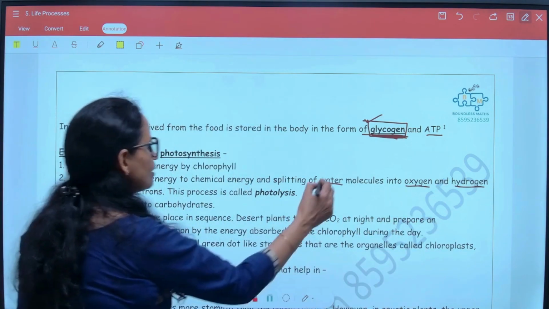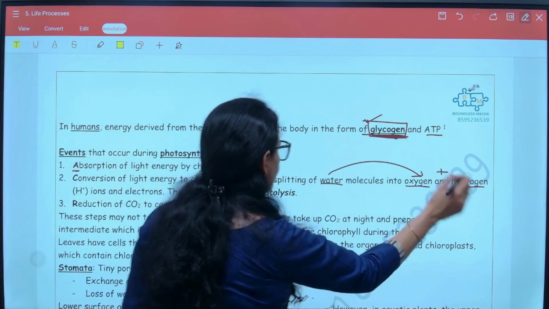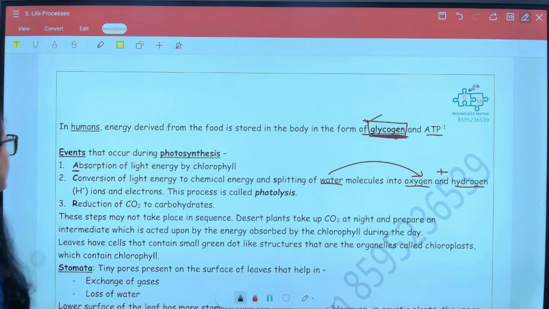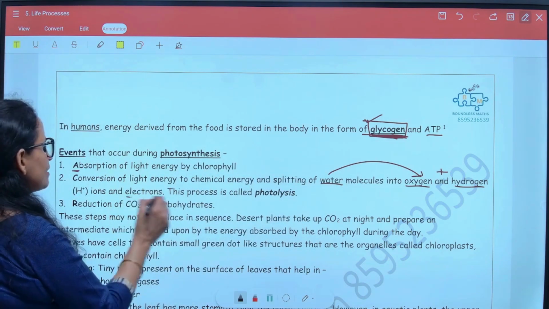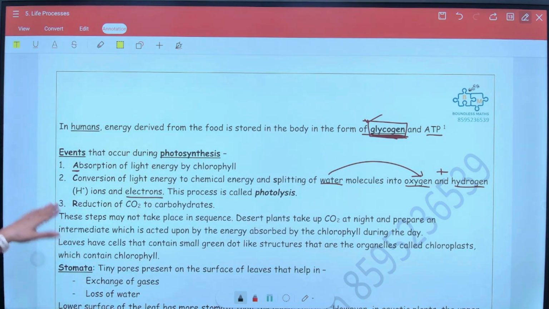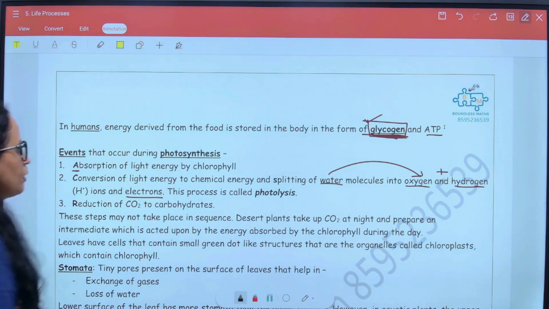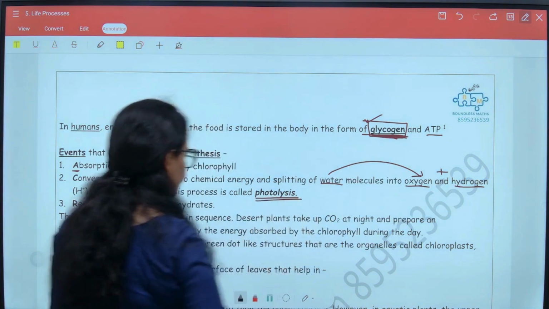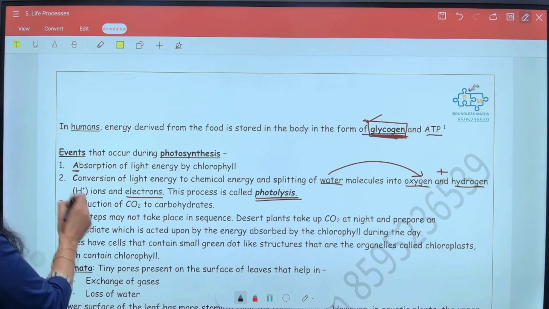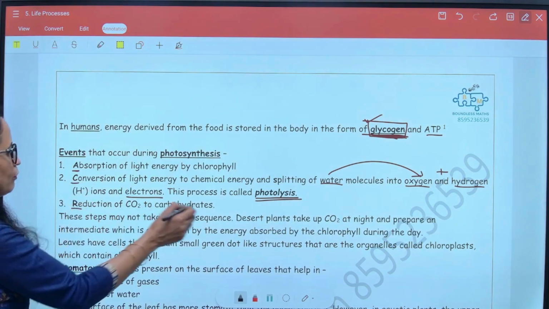So water is broken down to hydrogen and oxygen, which will further be used. These hydrogen and oxygen ions and these electrons, they are further used in the third step, that is reduction of carbon dioxide to carbohydrates. So the process of breaking down of water to oxygen and hydrogen is also known as photolysis. The third step is reduction of CO2 to carbohydrates.